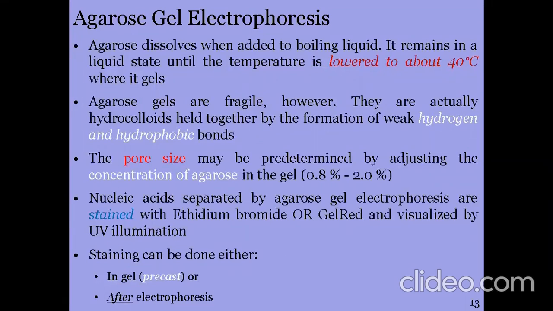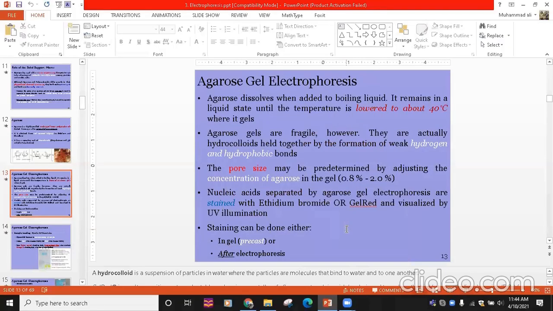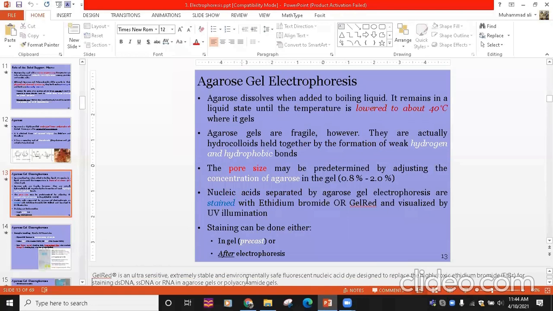It is the same as ethidium bromide, but gel red is more environmentally friendly and a less fluorescent nucleic acid dye, and ethidium bromide is actually toxic. It is a potential carcinogen. Ethidium bromide is a potential carcinogen.